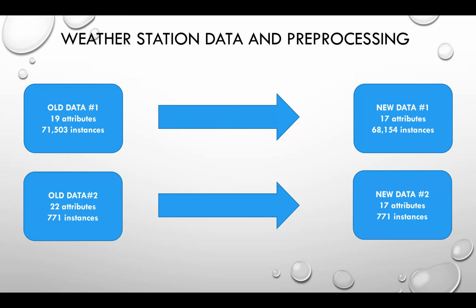After cleaning the data, we were able to have 17 attributes in both, and the number of instances for the first data was much less: 68,000 instead of the 71,000. But we were able to reduce it to only 17 attributes that are combined between the two data, and we got them as our data that has been used for processing.